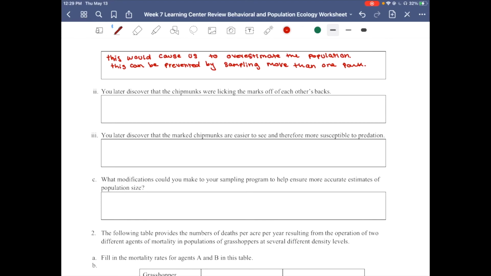As a result, our estimate of the population would be higher because we're thinking that these are chipmunks that we hadn't caught before, when in fact we did catch them before. We just lost our measuring tool, which was the mark. So in this situation as well, this would result in our estimate being higher.